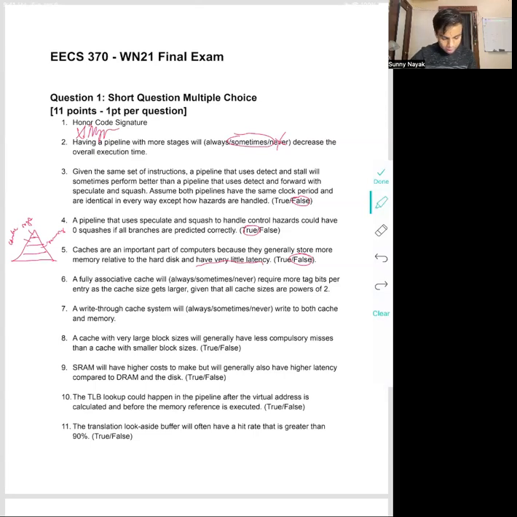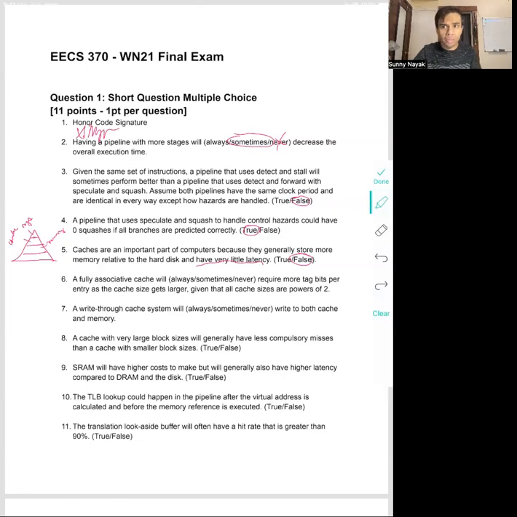But the main idea is that I do store my tag bits in my entry, but they're not going to be any sort of overhead. That is the core storage of the cache. So if my cache gets more entries, I'm not going to change the size of each entry. The only thing that might grow is the LRU, which is proportional to the log of the number of entries.